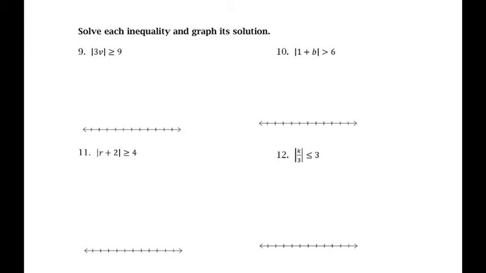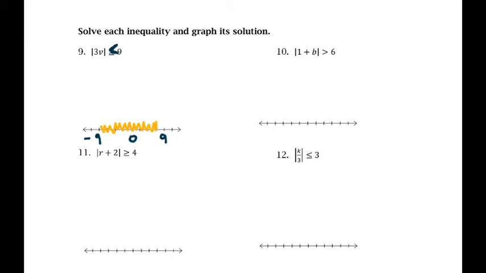Now, I'm going to change the problem a little bit. What if instead of greater than or equal to 9, it said less than or equal to 9? On your number line, think about when the absolute values are less than 9. If I have 0 here, and 9 here and negative 9, that's going to happen in between.